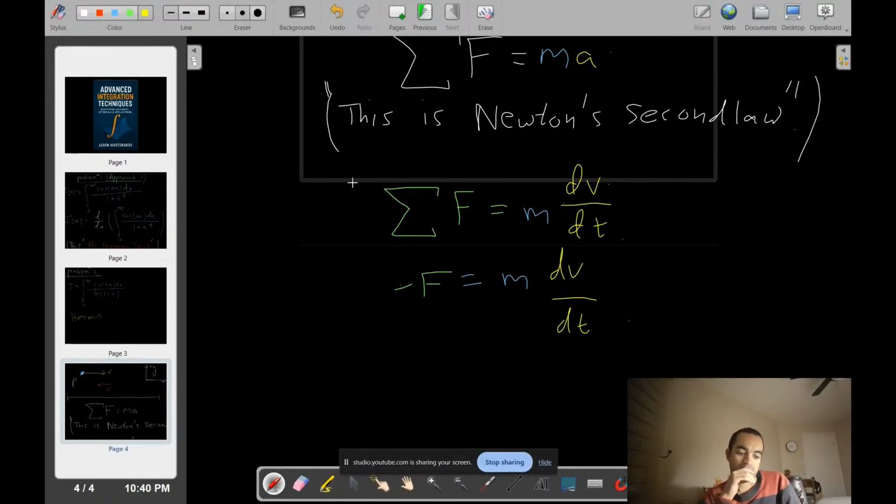Anything else that we can infer from this? Well, F here, if this is negative F equals m dv/dt, F is the resisting force.